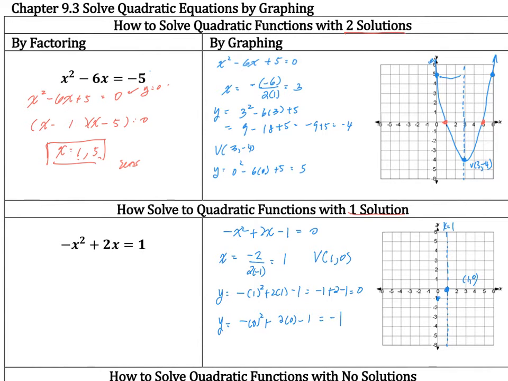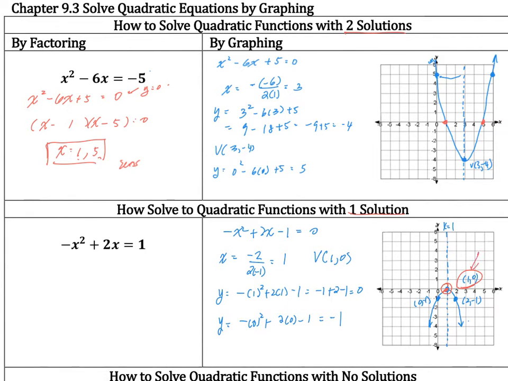I'm going to reflect this point. So the reflecting point will be 2, -1. And then we can go ahead and draw a parabolic graph. Now, as you can see, this parabola only goes through the x-axis at one point, 1, 0.